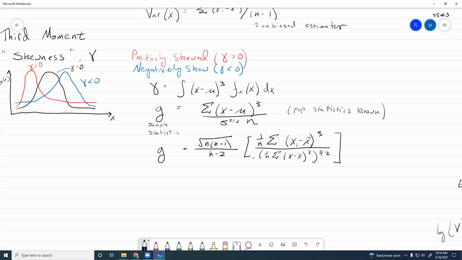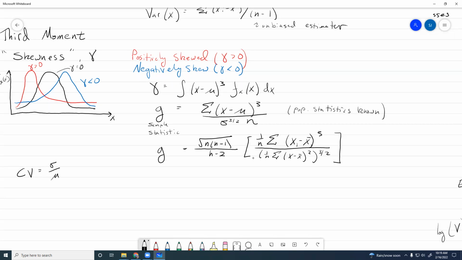And then finally we have the skewness coefficient. Similar to the coefficient of variation, CV equals sigma over mu, normalizing our standard deviation with the mean so that we can compare across different things. I gave you the example of different rivers, but you can imagine if you want to calculate the coefficient of variation for salaries in the US versus say Mexico, right? The mean salary in Mexico is probably going to be different than the US.